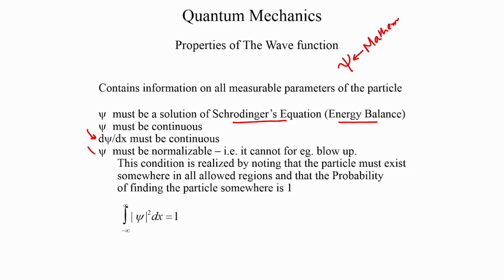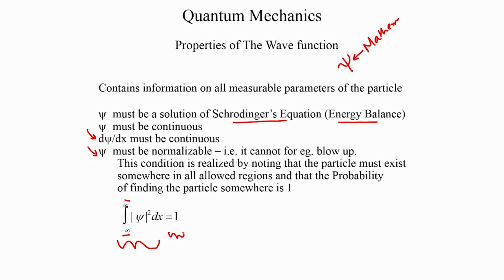And the final condition states that the wave function must be normalizable. What that essentially means is two things. The first is, since the wave particle does exist at some point in space, say between minus infinity and infinity, and since this is the probability of finding that wave particle in space, that probability must be equal to 1.